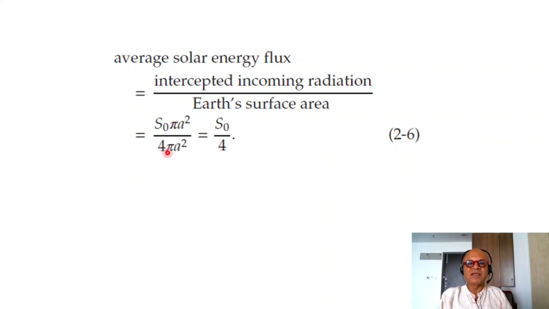That's how we ended up with each square meter receiving S0 divided by 4. S0 is the solar flux received at the top of the atmosphere, but we know that alpha times S0 over 4 is bounced back, and the atmospheric thermal energy, or heat energy, is of course again given by the Stefan-Boltzmann law, which is sigma TA to the fourth.